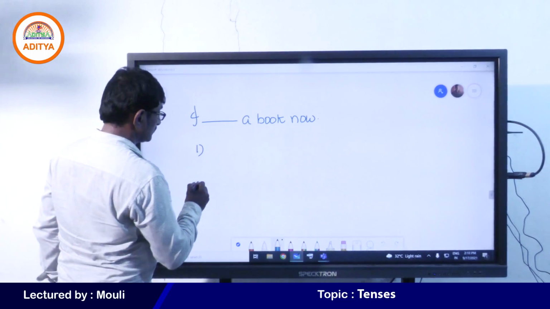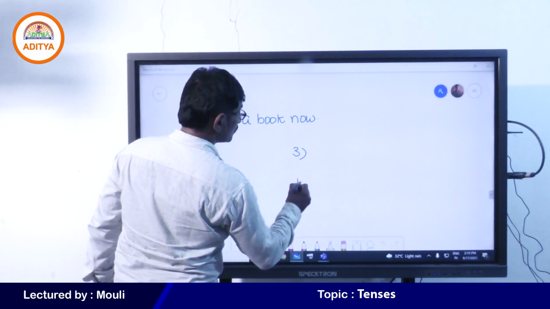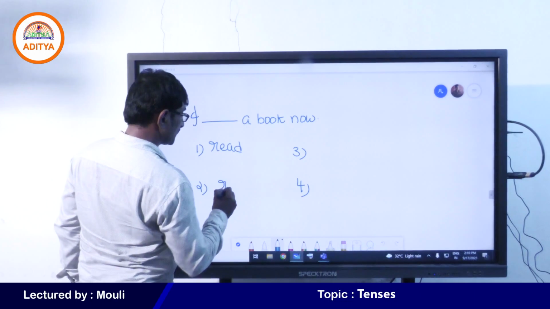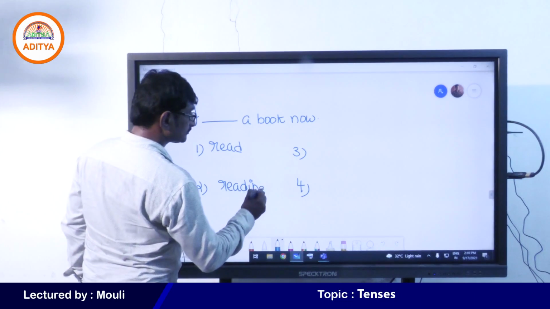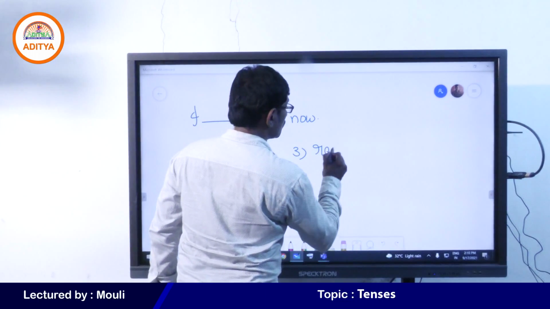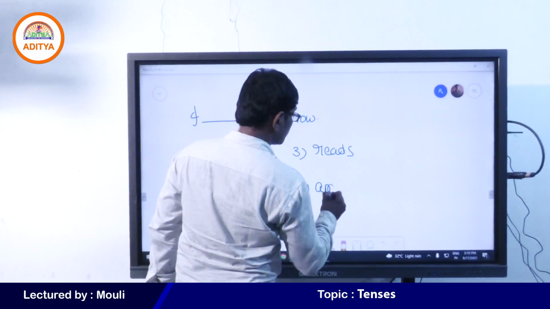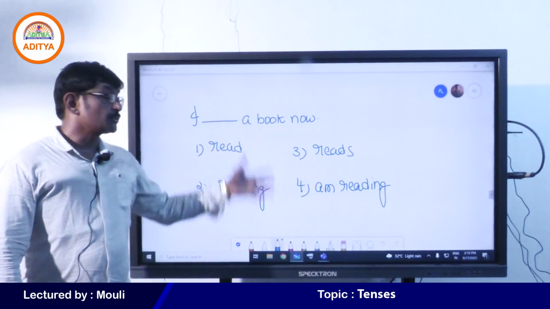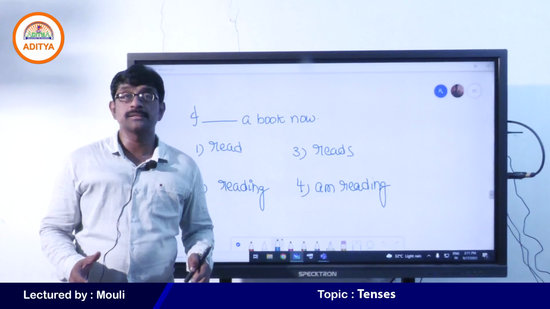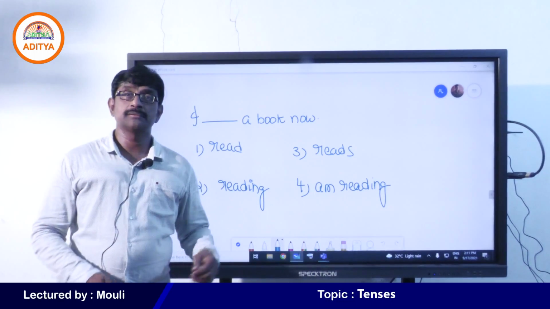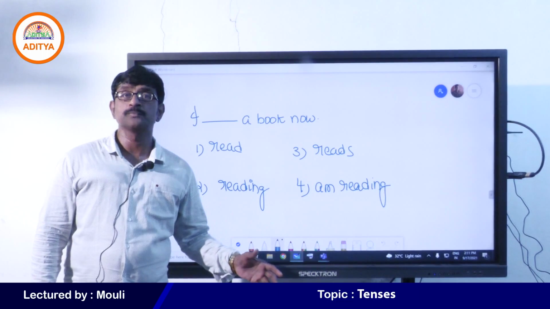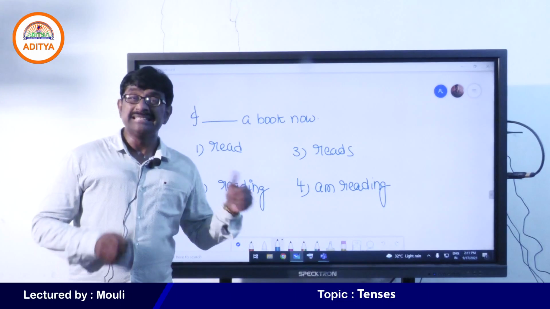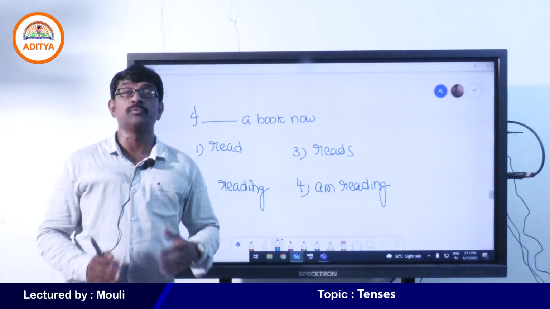Choices 1, 2, 3, 4 are given: read, reading, reads, am reading. First you write down these, and after that we will go for the right choice among them, and we will try to find out why this choice is correct and why not the others.